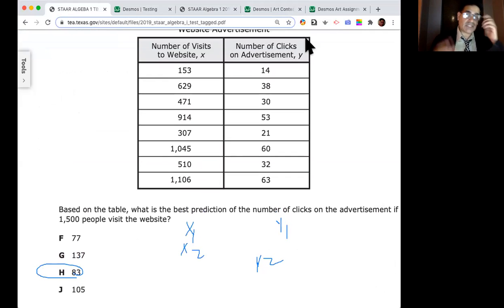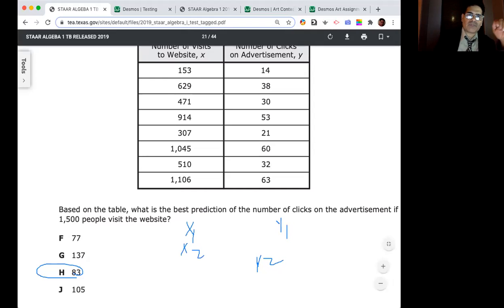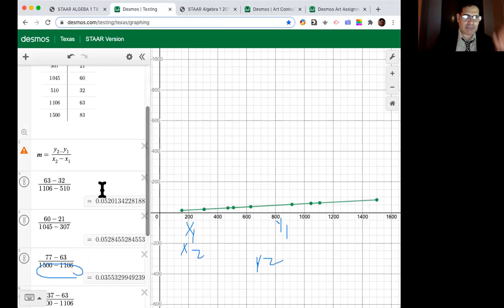Thank you, Desmos. And again, could you have done this without the calculator? Sure. But when we're doing this kind of mathematics, I prefer to look at the divisions, fractions, and subtraction, and assure ourselves that we don't get messed up with negative numbers.